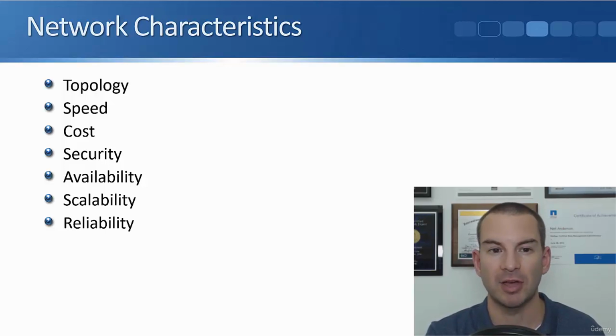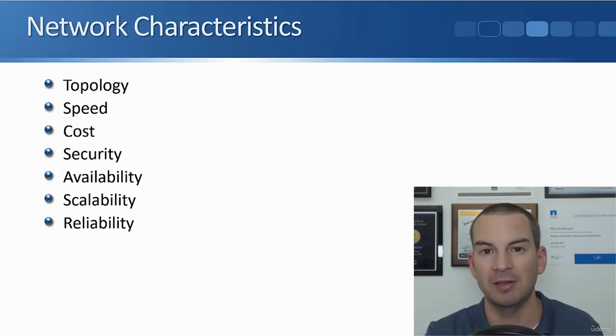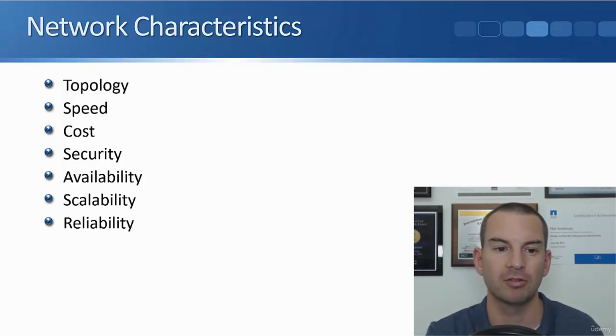Other characteristics are security. I mentioned the firewall in the previous slide. We're not going to just have security on our firewall though. We'll also have security features on our routers and on our switches, and we can have other security devices such as intrusion prevention systems as well. Next, we have availability. We're going to want to make sure that our network always stays up.